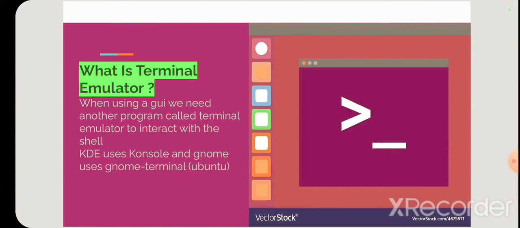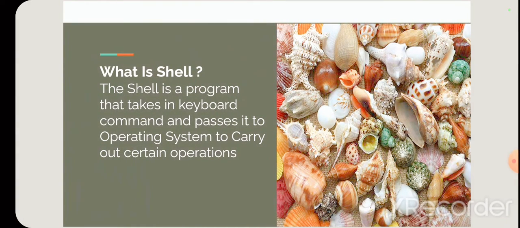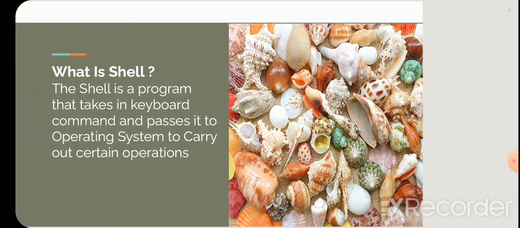When we are using a GUI system, we use a GUI tool called a terminal emulator that emulates the shell for us. It just passes the command to the shell, and the shell gives the commands to the operating system, which carries out the certain operations, right?